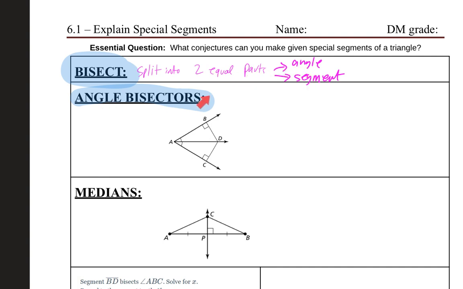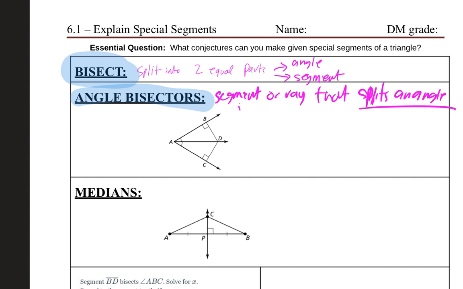So an angle bisector would be a segment or ray that splits an angle into two equal measured angles. So it's going to split that angle into two equally measured angles.